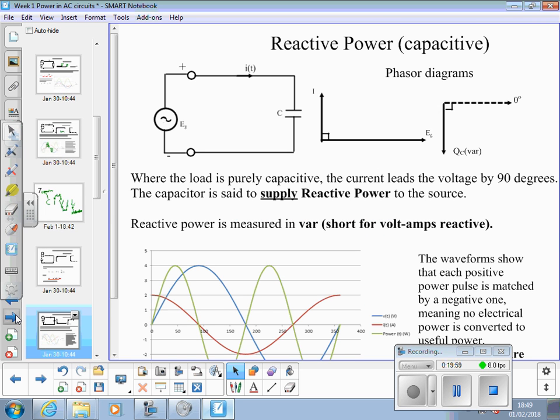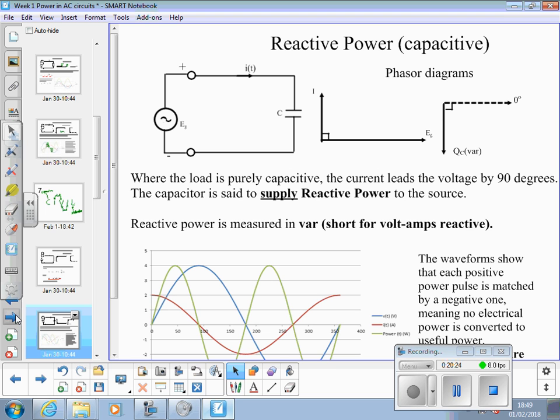Right, reactive power, capacitive. So if we put just capacitance in our circuit, and again, that can't really be done, because the wires that go with the plates on the capacitor have got resistance and so on. But imagine if we could, we'd end up where the current leads the voltage by 90 degrees.